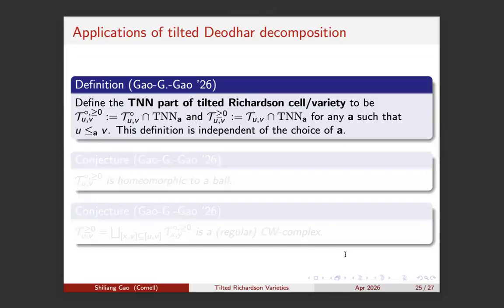Now we can define the totally non-negative part of the tilted Richardson variety. It's just the intersection of the tilted Richardson cell, or tilted Richardson variety, with this tilted totally non-negative part of the flag variety.